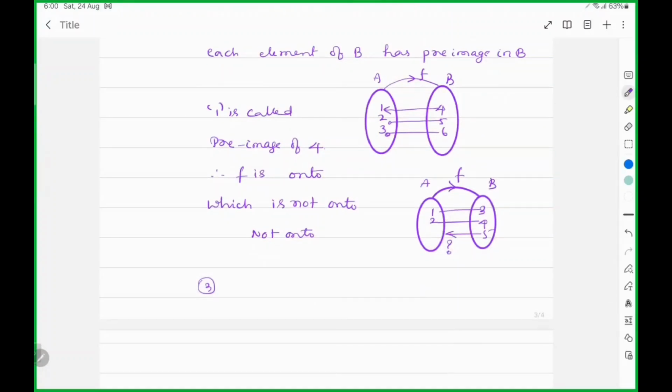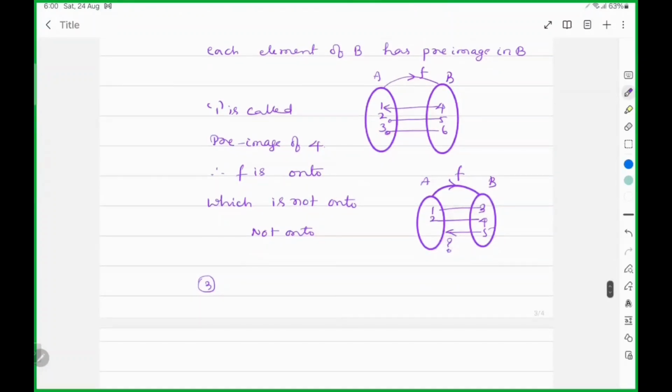So another example, which is one-one but not onto. Now, let us take f, a map from R to R. Is f onto is the question.